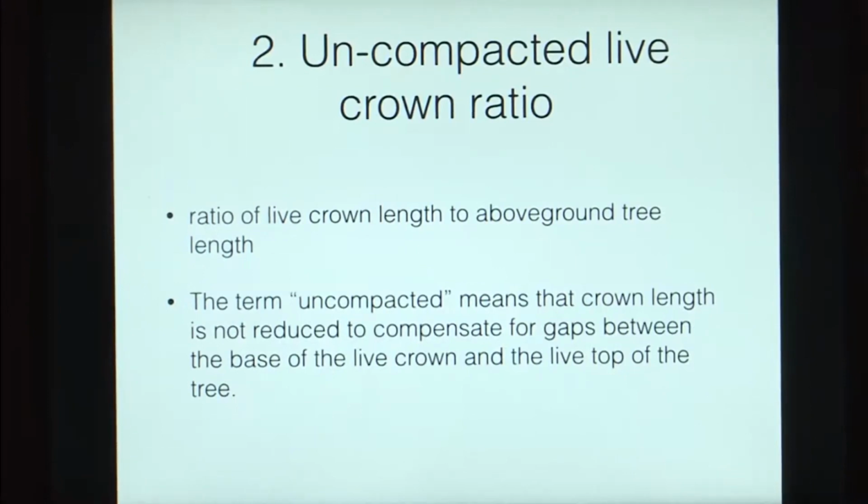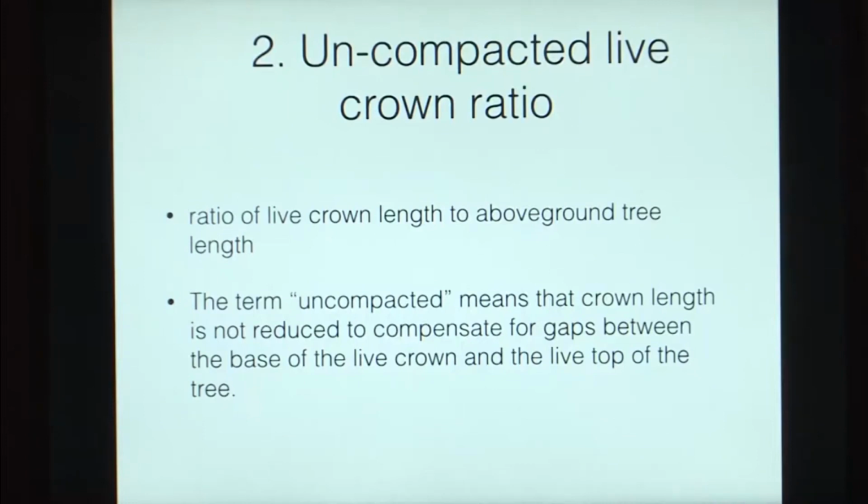Now, the next thing that we can measure is called the uncompacted live crown ratio. It is the ratio of live crown to above ground tree length, which is what we had calculated earlier. Now, why is it called uncompacted? The term uncompacted means that the crown length is not reduced to compensate for gaps between the base of the live crown and the live top of the tree.